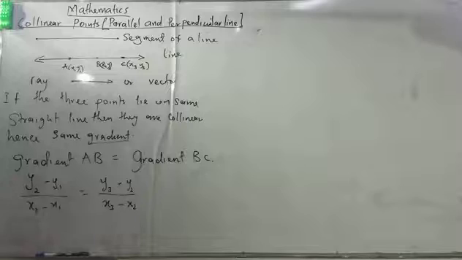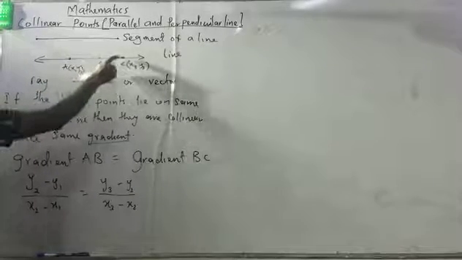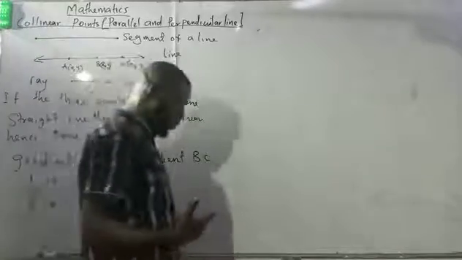It means the gradient from here to here equals the gradient from here to here. That is a very good example of collinear points. I think with this, you should understand what I mean by collinear.